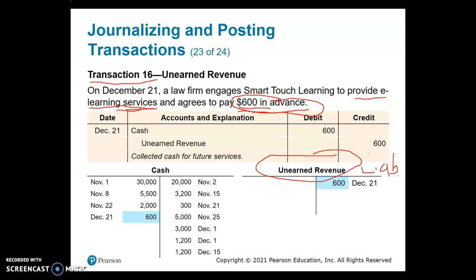So now when my dad goes in with that gift card, Lowe's has an obligation to allow him to purchase something for the amount of the gift card. That will result in sales revenue. Okay, so gift cards, magazine subscriptions, anything that the company has received money for in advance and later has an obligation to perform that service or to sell a product.